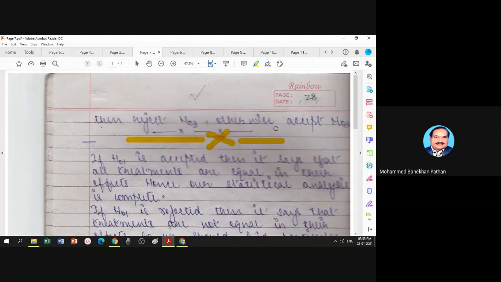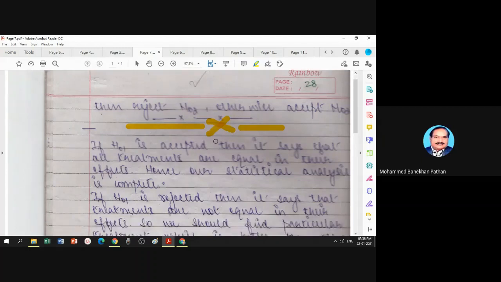You are studying 3 designs, CRD, RBD and LSD. Now after this, suppose your null hypothesis for treatment is rejected. That means your treatments under study are not equal in their effect. If it is accepted, that means all are equal.